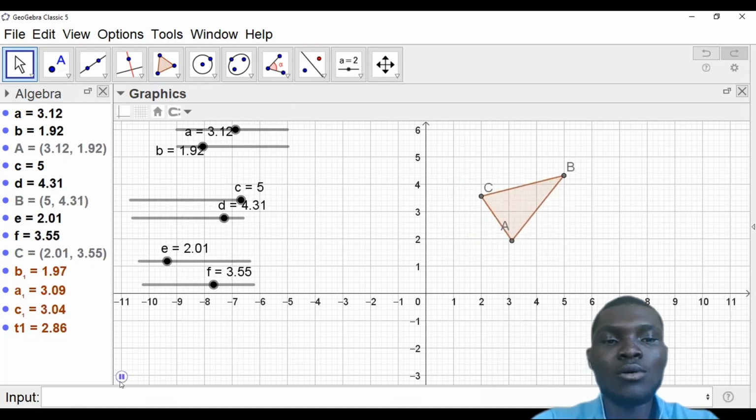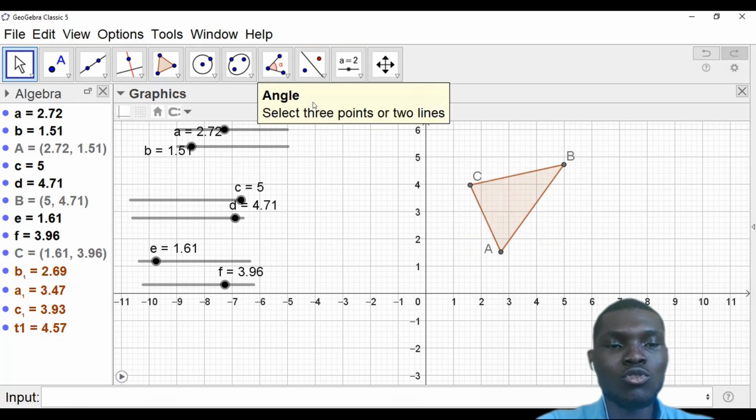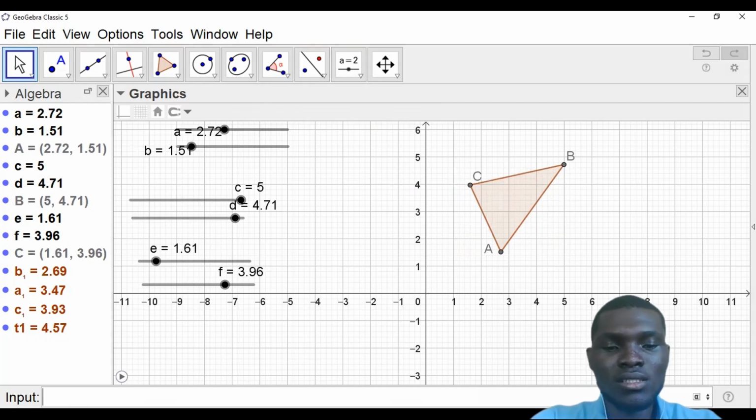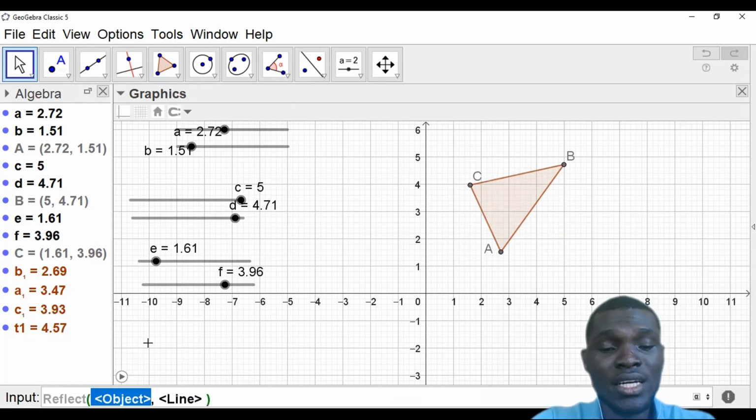So now, what I'm going to do next is reflect my object, sorry, not my points, my object, with respect to the y-axis. So my object, which is named T1, with respect to the y-axis.